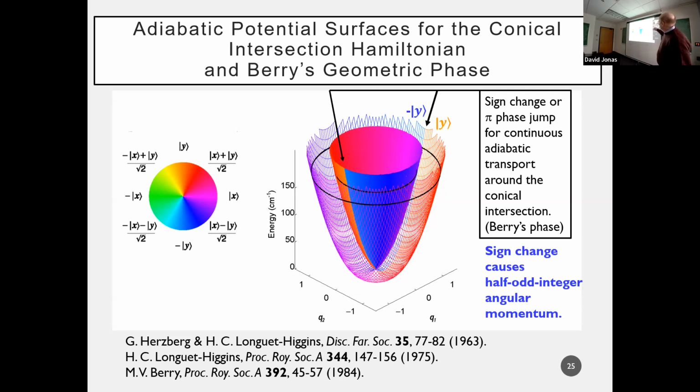The potential surface is continuous, but that sign change in the electronic character causes you to have a half odd integer angular momentum, right? Like occurs with a spin. And this was first discovered, in parts, by Longuet-Higgins back in the 50s and early 60s. And then Berry recognized this as an early example of the Berry phase.